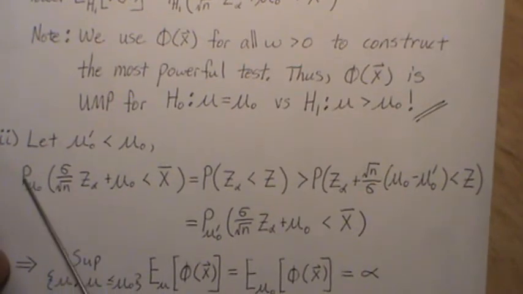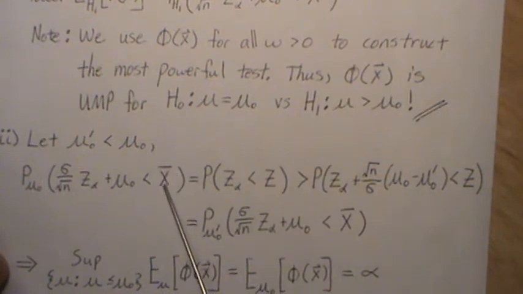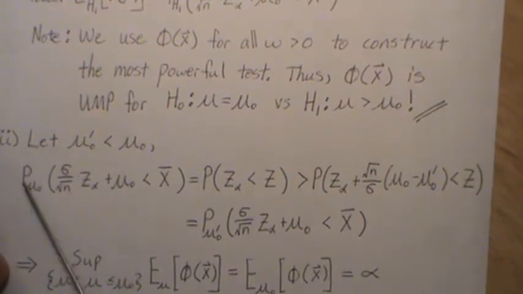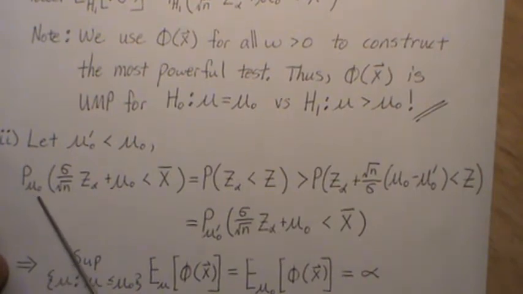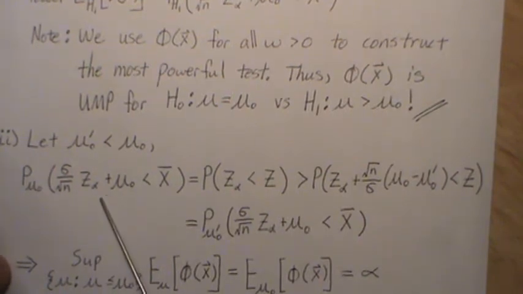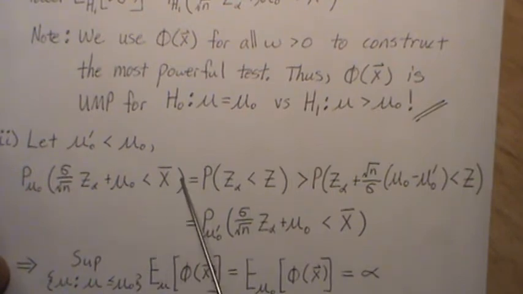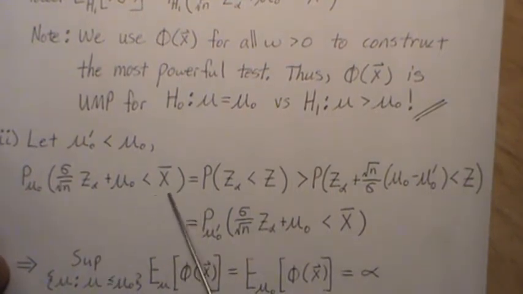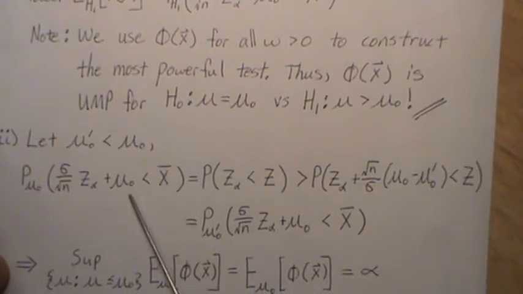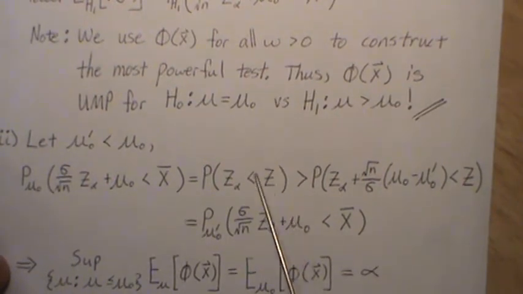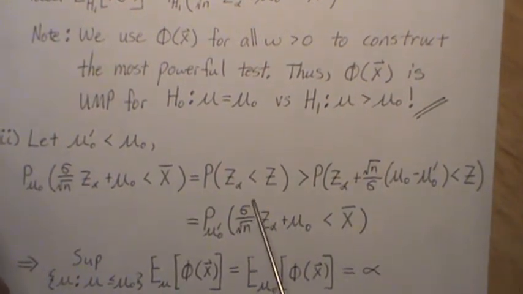So if we look at the probability of our test statistic being greater than the cutoff value, which when the true mean is mu naught, this is alpha, we can subtract the mean from both sides, divide by this quantity, and that's a z random variable greater than z alpha. Now we're in the standard normal setting.